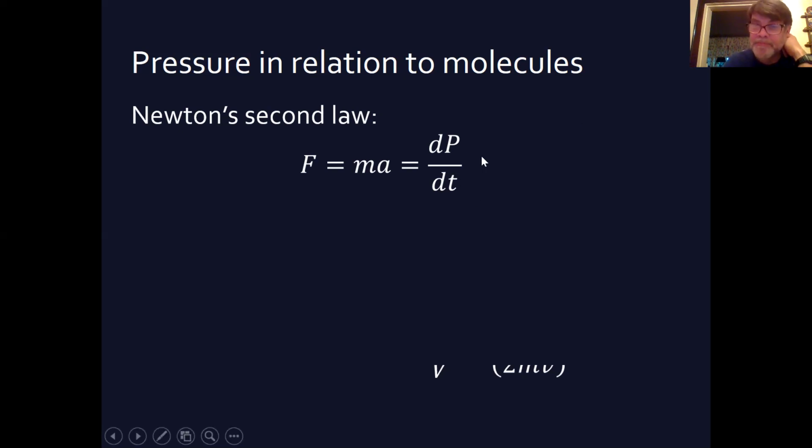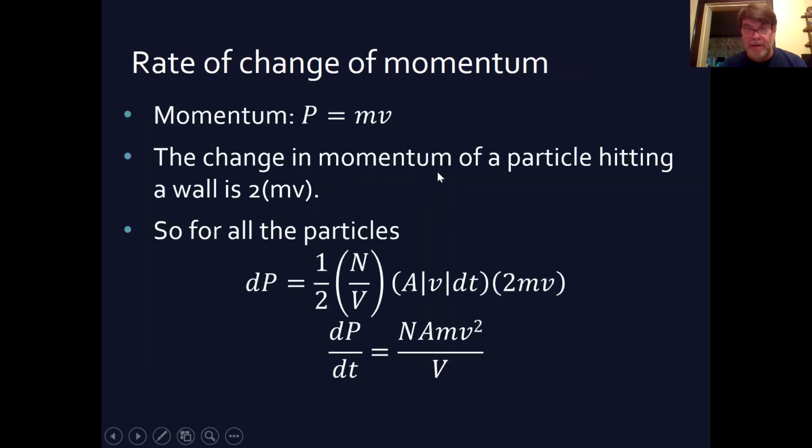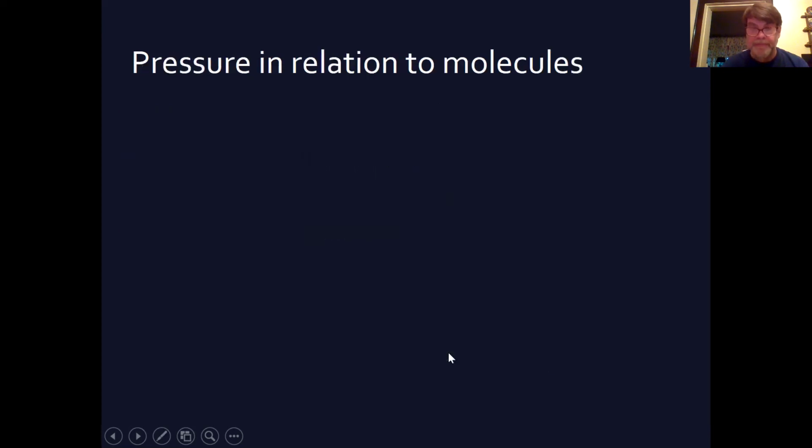And pressure is force per area, right? So if we take this dp/dt and divide it by the area, we basically go back to this equation and divide it by the area. The area will cancel out, and we're just left with N mv squared over V.